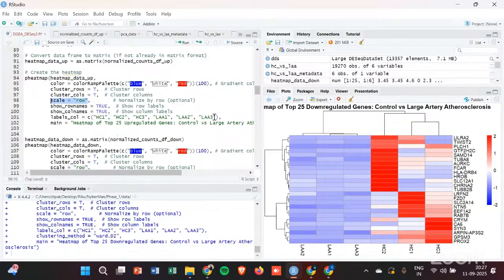So again, LFC shrinkage is specific to DESeq2's method. Since DESeq2 fits a linear model, and if you remember, DESeq2 is very lenient with outliers. It does not remove outliers as such when you're doing the normalization and all.